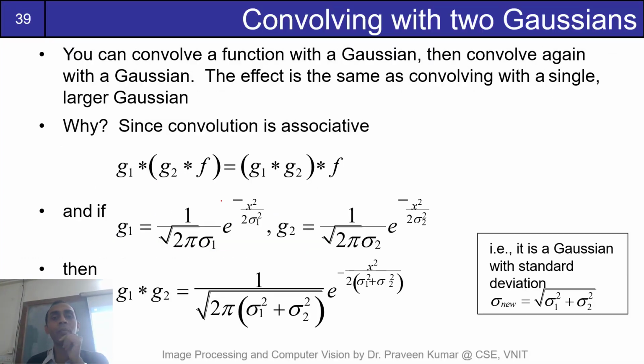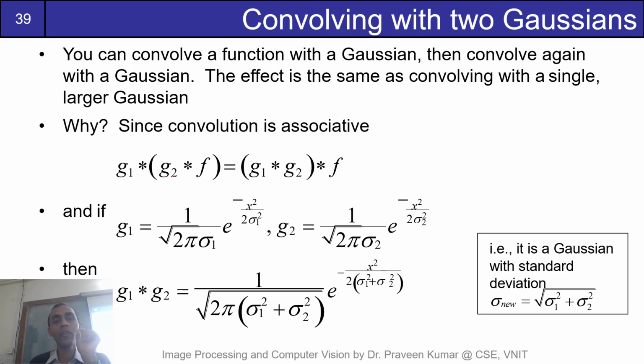For one illustration of the property of convolution, let us say you take a Gaussian filter and convolve it with an image, and let us say you convolve it again 2 times. Then the effect will be the same as convolving the original image with a larger Gaussian filter. Why? Because we said the convolution is associative.